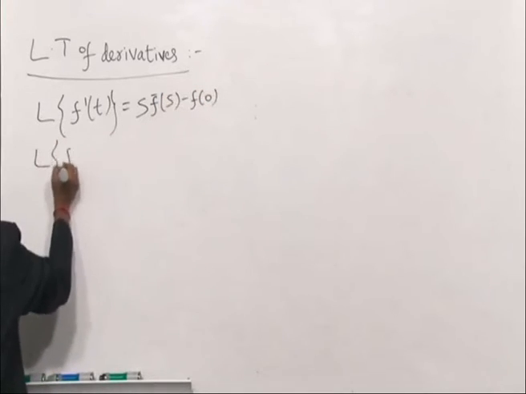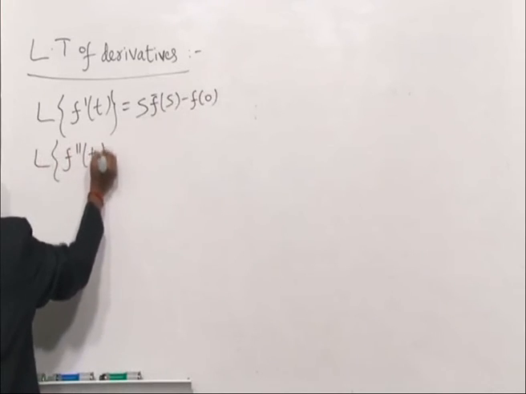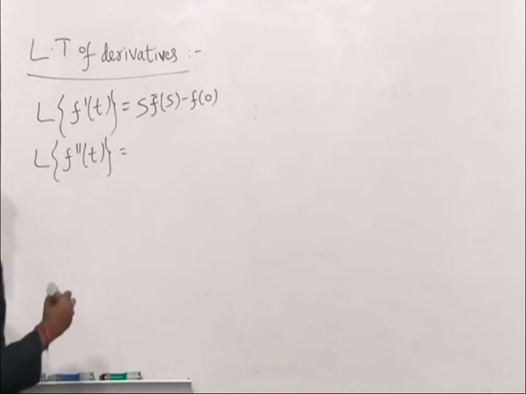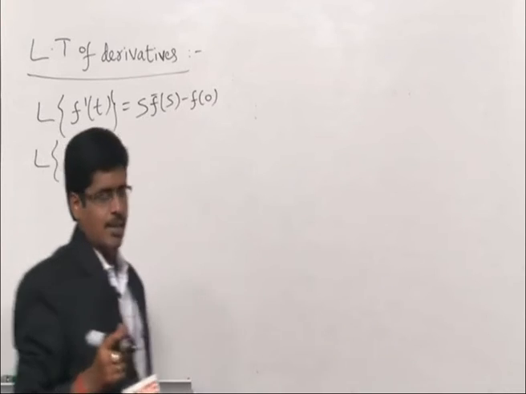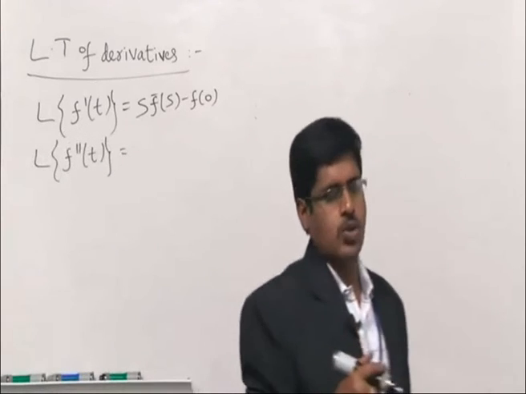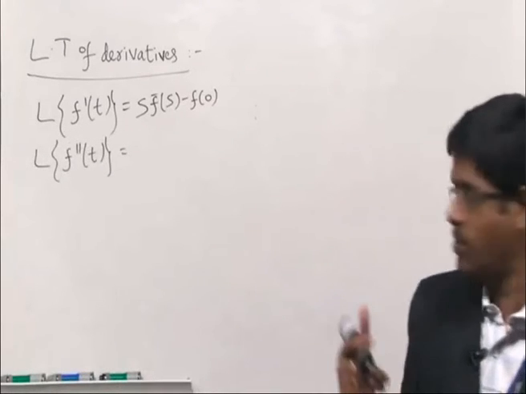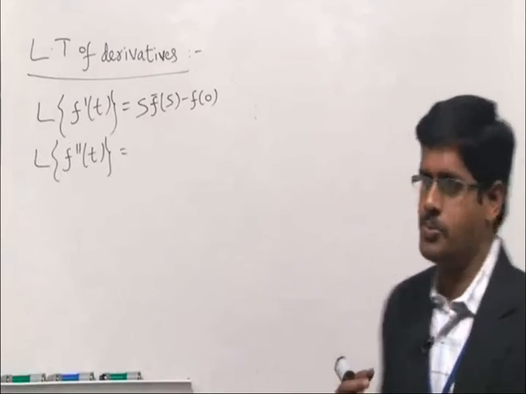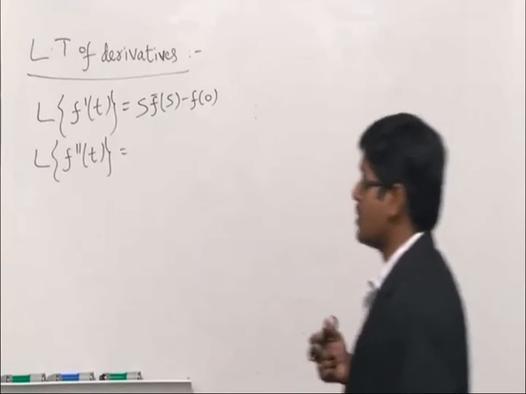L of f double dash t is next. This property is useful in the last topic of Laplace transform, solving ODEs, ordinary differential equations. Without this property we cannot solve those problems. That's why this property is important.